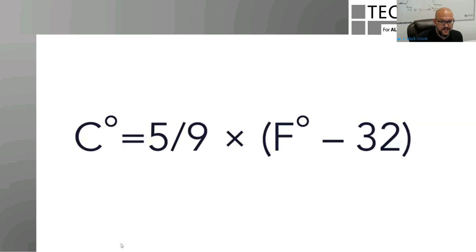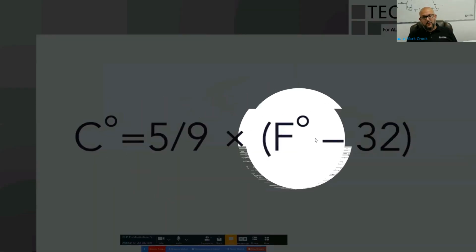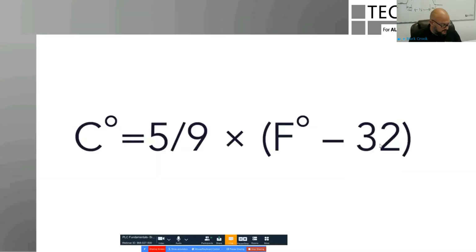So you can see there, that is the equation that is needed to create the conversion from Celsius to Fahrenheit. So how are we going to do this? We're going to use a combination of FRD commands and our mathematical commands.